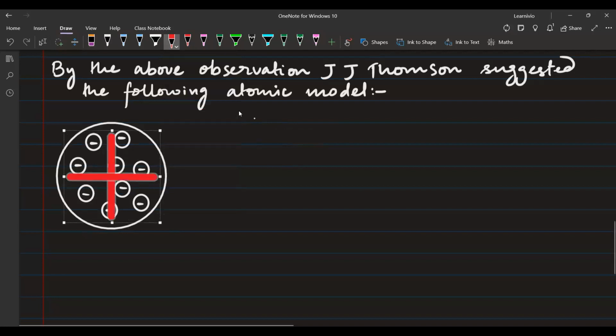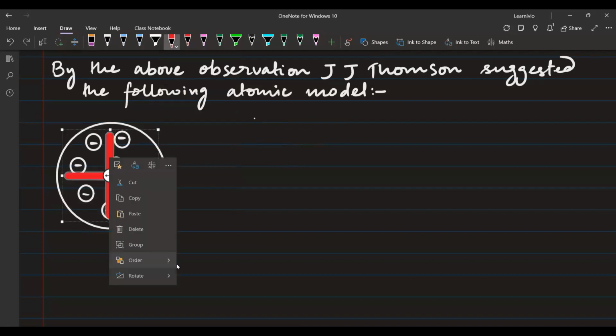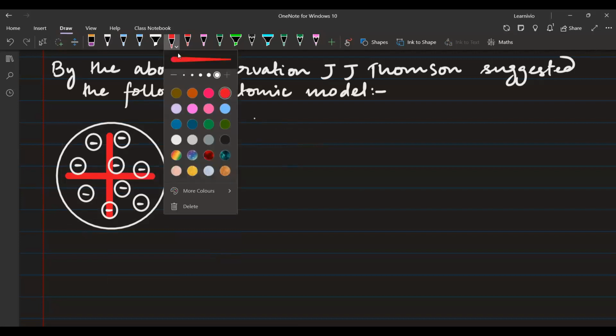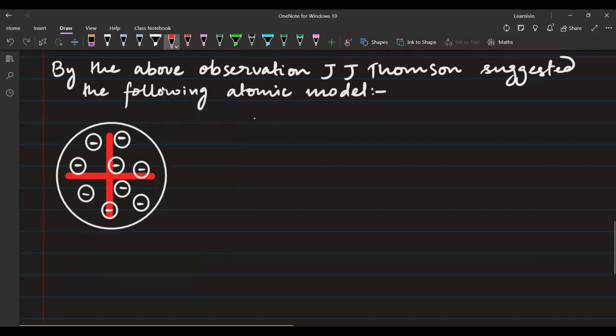And inside this positively charged atom, there are negatively charged particles embedded. So why did he say that negatively charged particles are embedded? Because the negatively charged particles come out. How do they come out? Because in the cathode ray experiment, we saw that negatively charged particles are coming out.